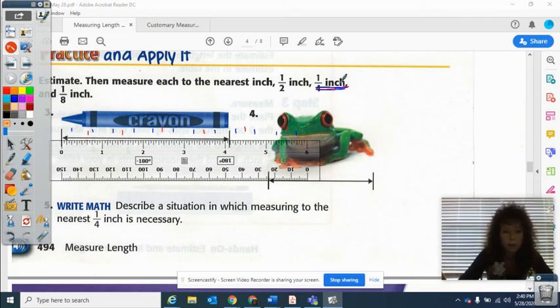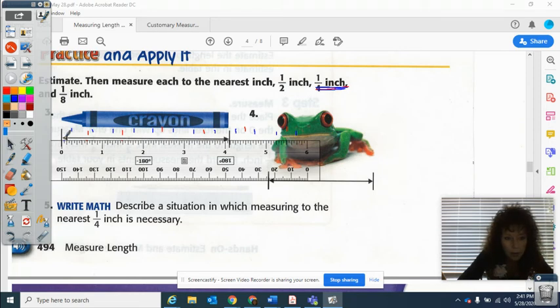Okay, and then the last one is 1/8 of an inch. Well, they've already marked the little eighths for you. So each little line, if you count them, 1, 2, 3, 4, 5, 6, 7, 8, 9, 10, 11, 12, 13, 14, 15, 16.